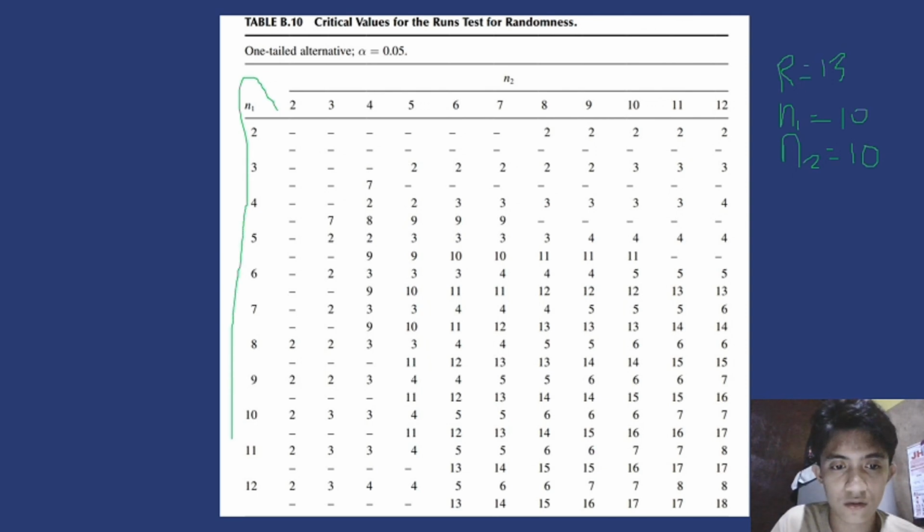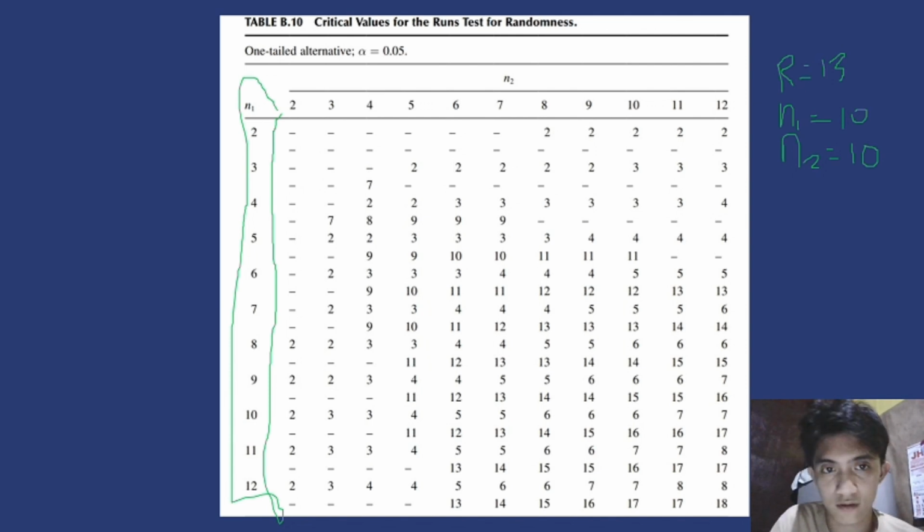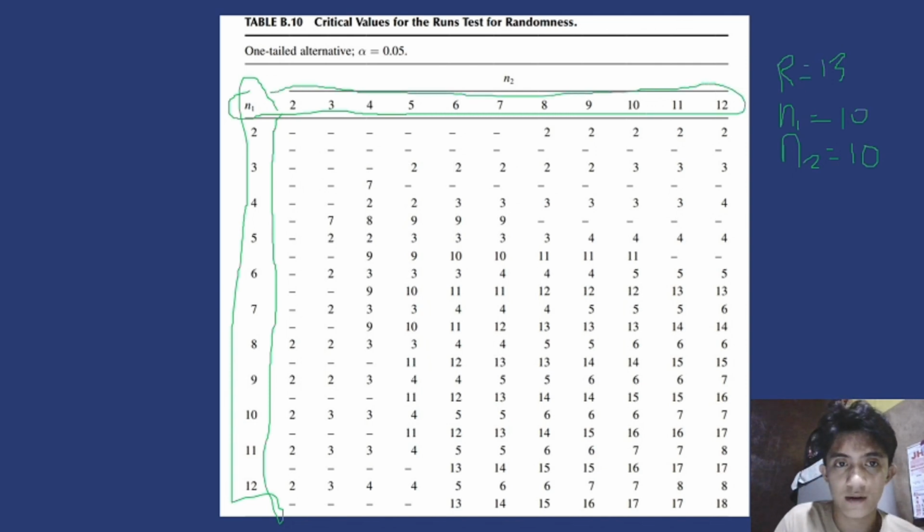If your n1 and n2 do not exceed 12, or are 12 at most, then it is considered small data. But if it exceeds 12, it is large data.